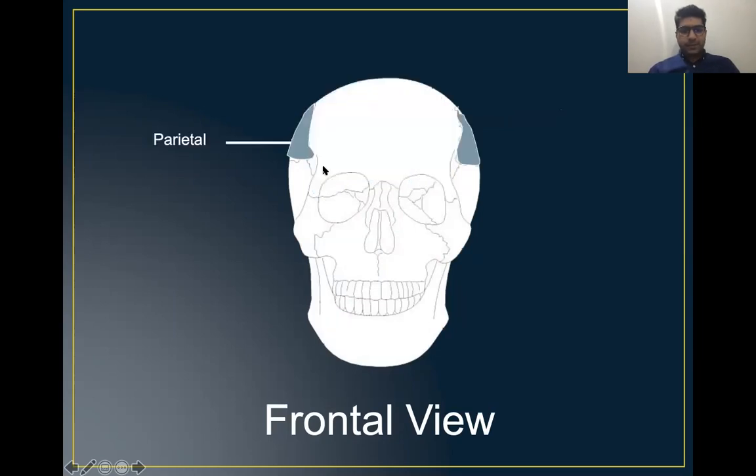Coming to the next one, there's a parietal bone on the sides, which is a pair of bones. Just below the parietal bone, you've got the temporal bone region. These two are the temporal bones. They basically cover the area of the ears and just lateral to the eye orbit.